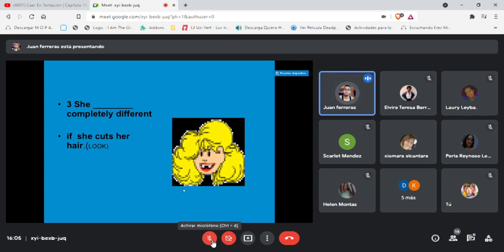Remember, tienen que utilizar para la cláusula principal will, may or might. Pueden utilizar may or might o will, pero no pueden dejarlo sin uno de esos tres verbos modales. She will look completely different if she cuts her hair, and that's true.